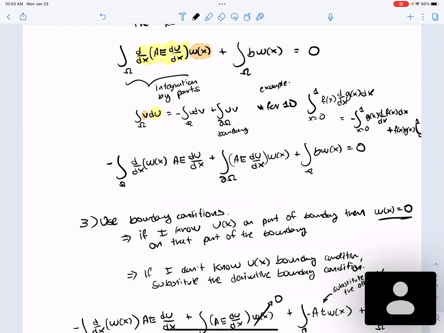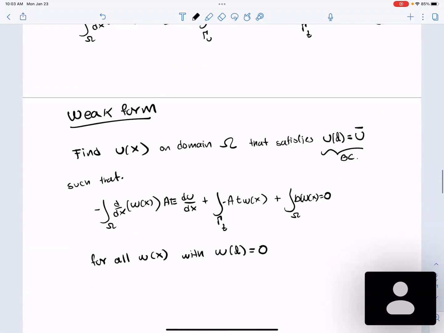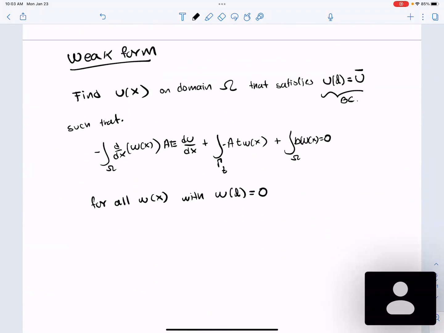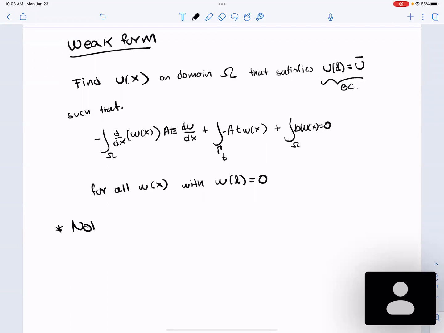Other questions? So I know this is completely strange. This is very, very mathy. But we need to do it, because FE works directly with this weak form.